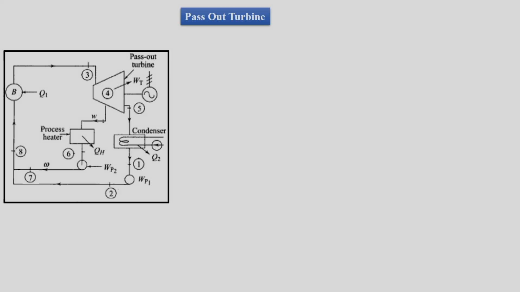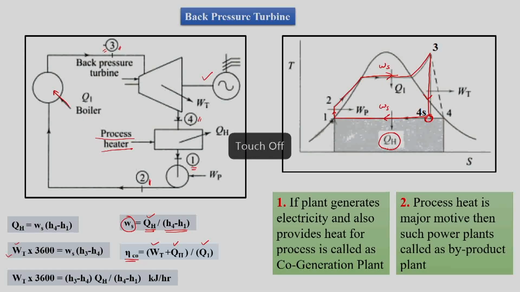The thing to be remembered in the last case, the back pressure turbine, is that we supply a certain amount of heat for the process. So the pressure at the exit of the turbine is not generally below atmospheric, since the general temperature requirement is above 100 degrees Celsius.